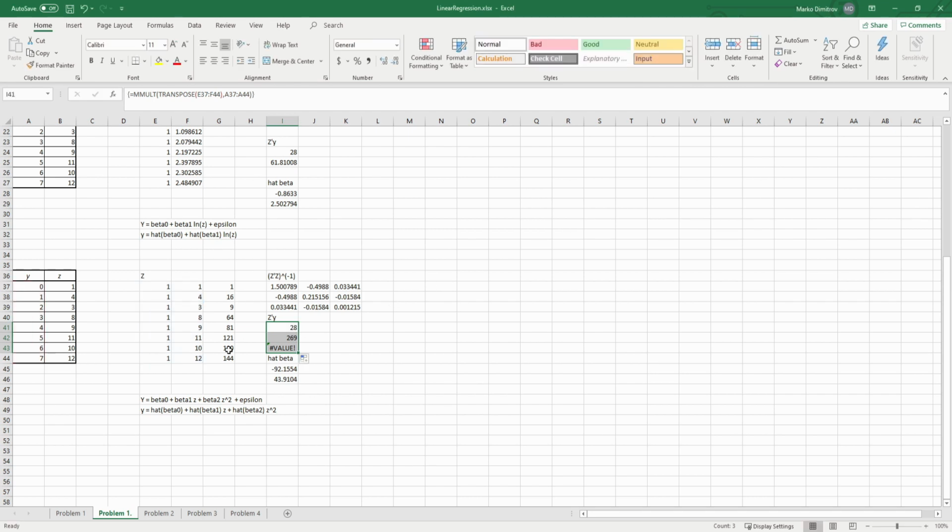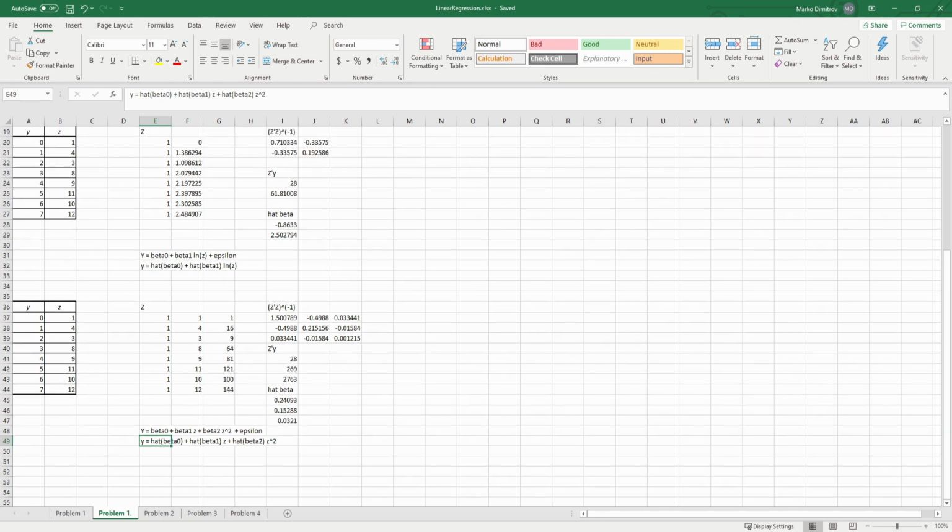Okay, so only our matrix Z changes. And here we have the estimate of each of our unknown parameters. Note that we also have a variance here that is also unknown and needs to be estimated.